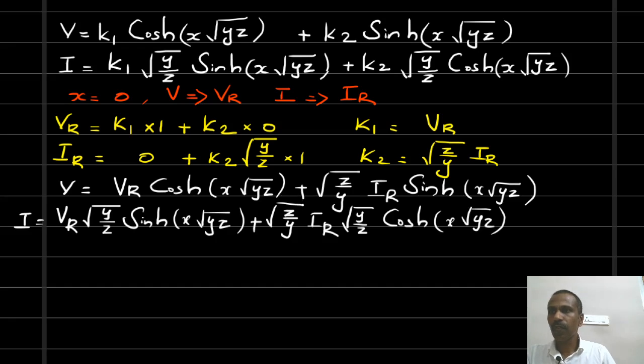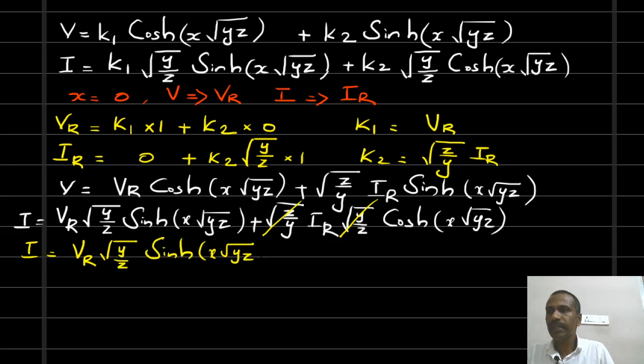So here this root of z by y and the root of y by z getting cancelled. So the current equation becomes VR into root of y by z sinh(x root of yz) plus IR into cosh(x into root of yz).